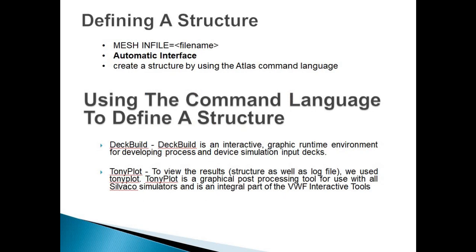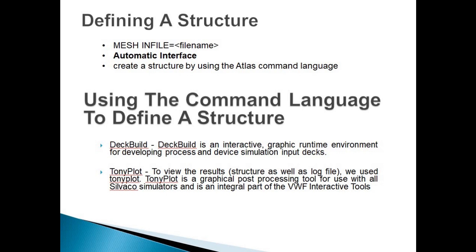Defining a structure. There are three ways to define a device structure in Atlas. The first way is to read an existing structure from a file. The structure is created either by an earlier Atlas run or another program such as Athena or DevEdit. For example, mesh infile, we have to call the proper structure with the file name.